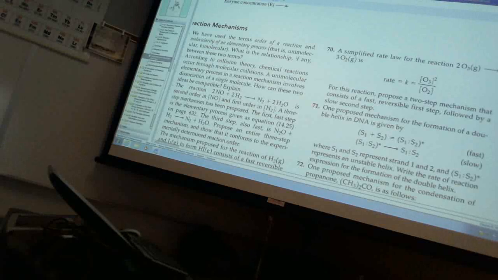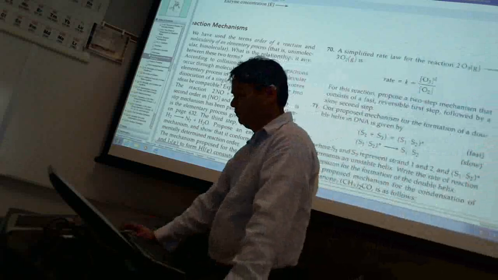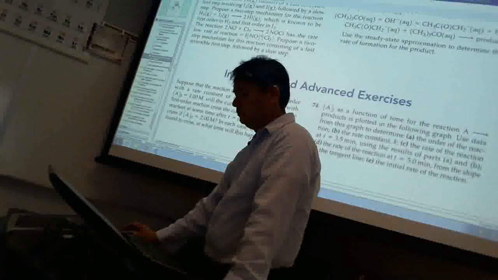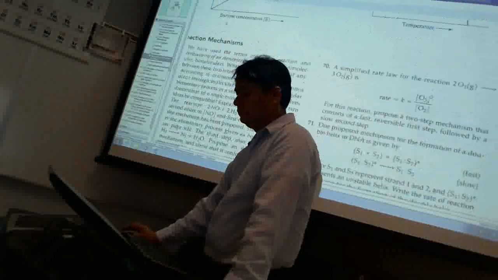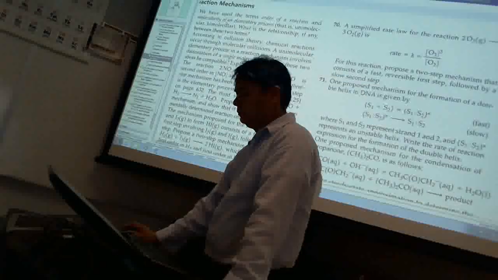What's the difference between an elementary process and just some reaction that's been written? The elementary process is one step of the reaction, where a reaction could consist of multiple steps.